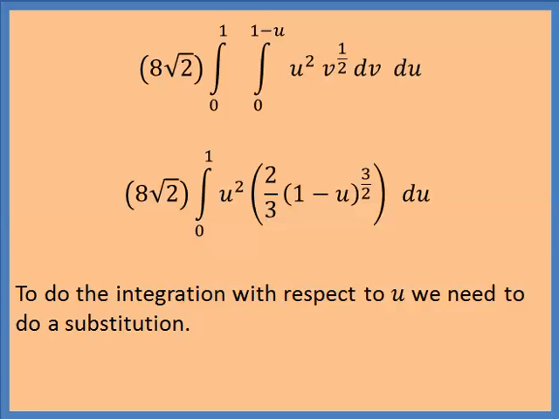Our next integral is much more complicated. To do this next integral, we need to do a substitution. And I recommend doing the substitution of what's inside the parentheses, 1 minus u, that piece right there. If you focus on that, you'll see that's a pretty good substitution.